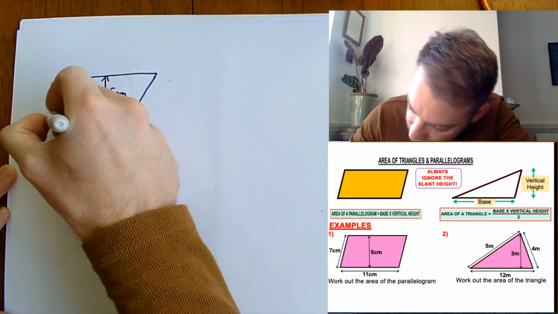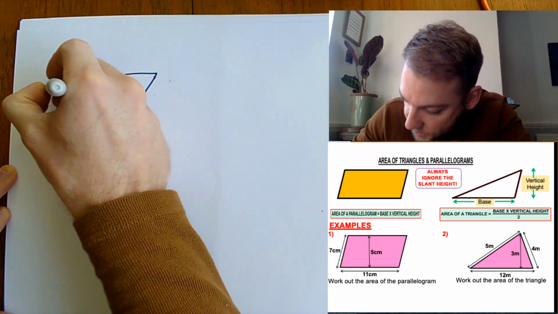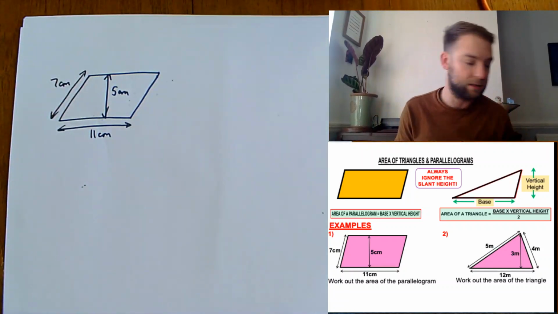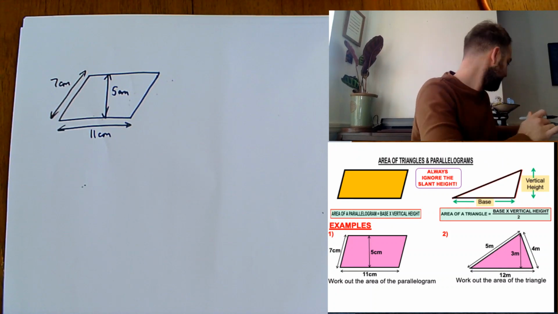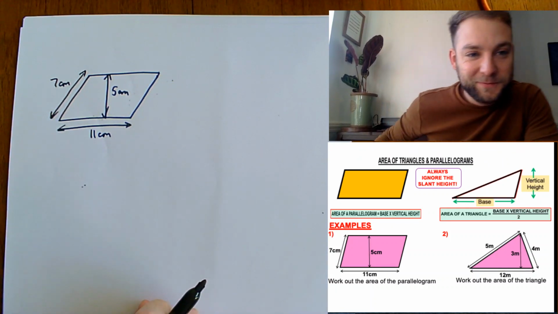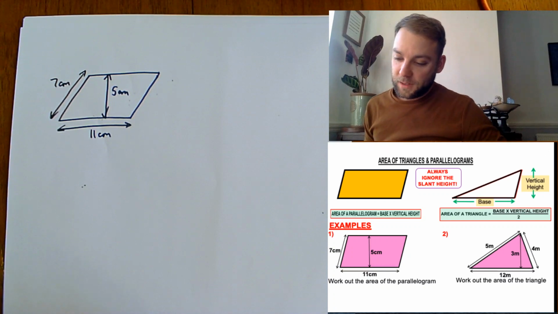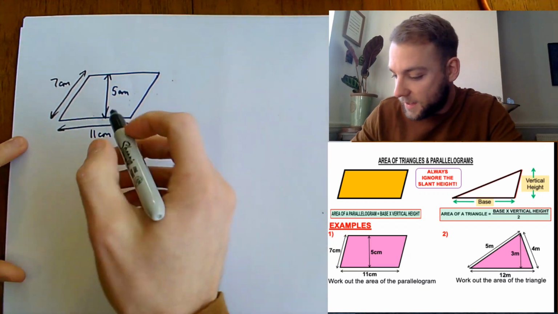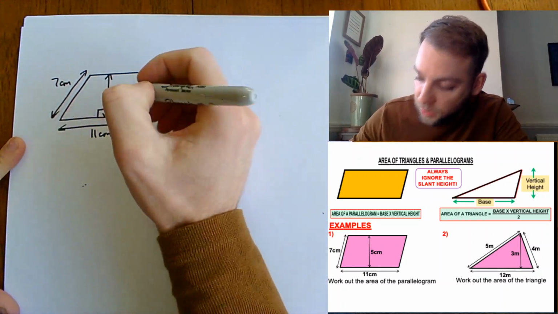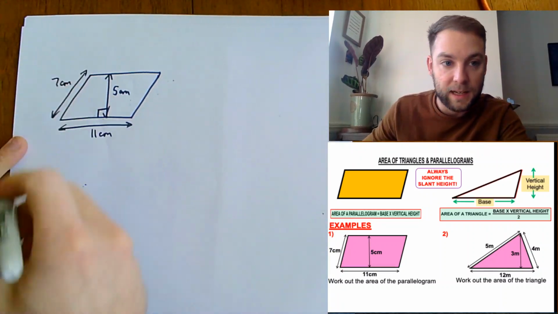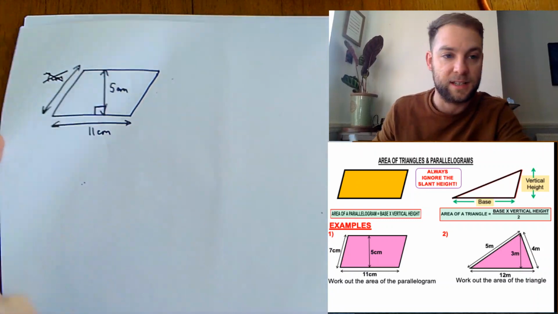And this slanted edge here, which they've given as extra, is equal to 7 centimetres. So what we need to think about here is the fact that it's going to be the base times by the perpendicular height, or this vertical height, which is 5. So the one that we don't need is this slanted side, which is 7.